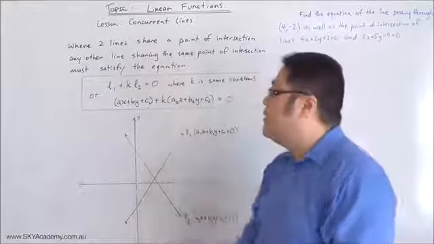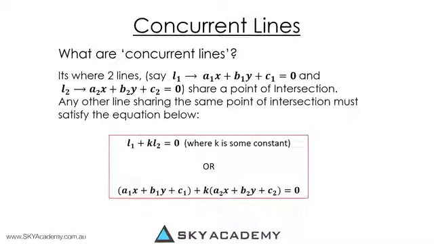So this is the way it works: you've got two lines that share a point of intersection. Any other line sharing the same point of intersection must satisfy the equation L1, the equation of the first line, plus some multiple of the second line added to it, where k, that multiple, is some constant, whether it's a whole number, a rational number, or whatever.